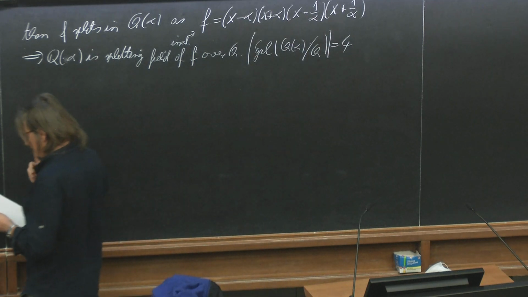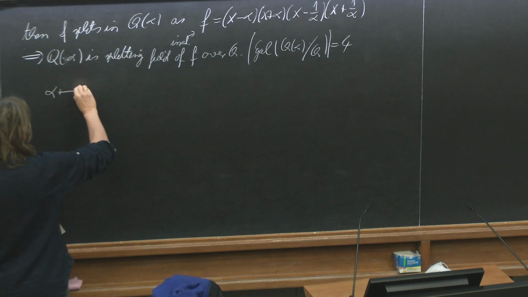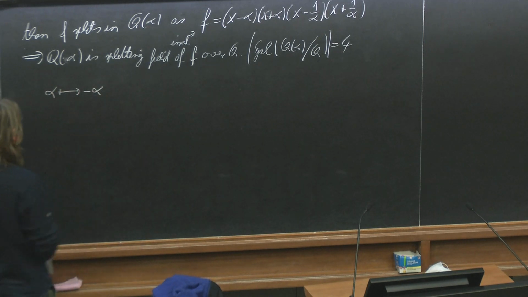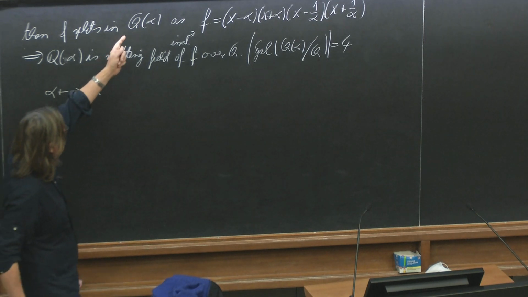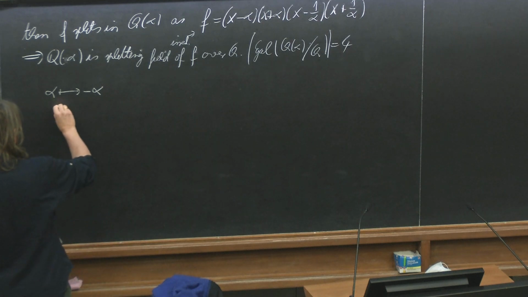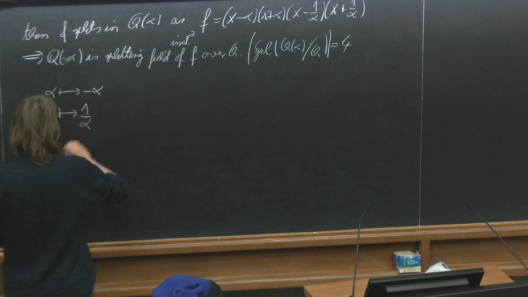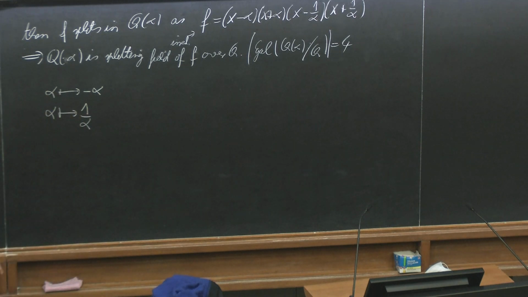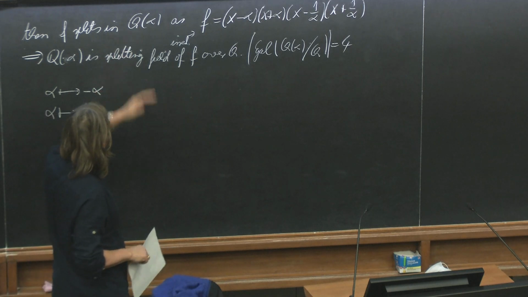And on the other hand, we can see if we send alpha goes to minus alpha, so the map which is identity on Q and sends alpha to minus alpha, and alpha goes to 1 over alpha, this will both give us elements in the Galois group.